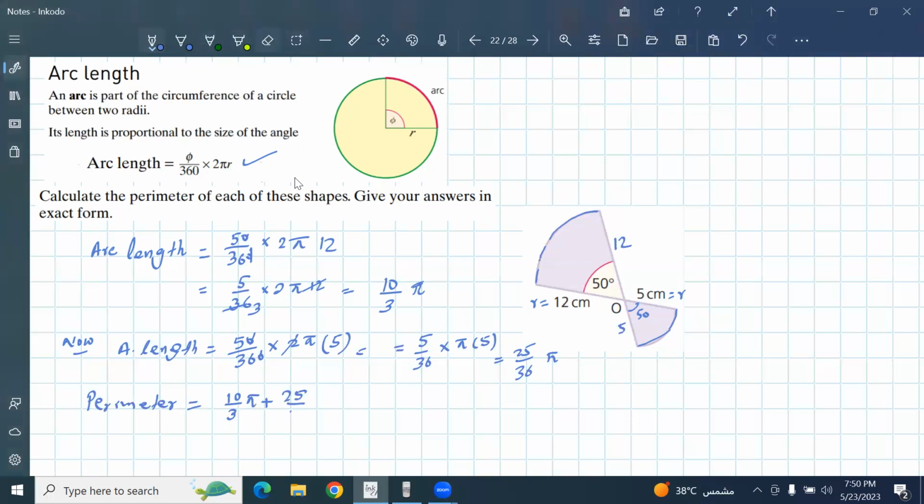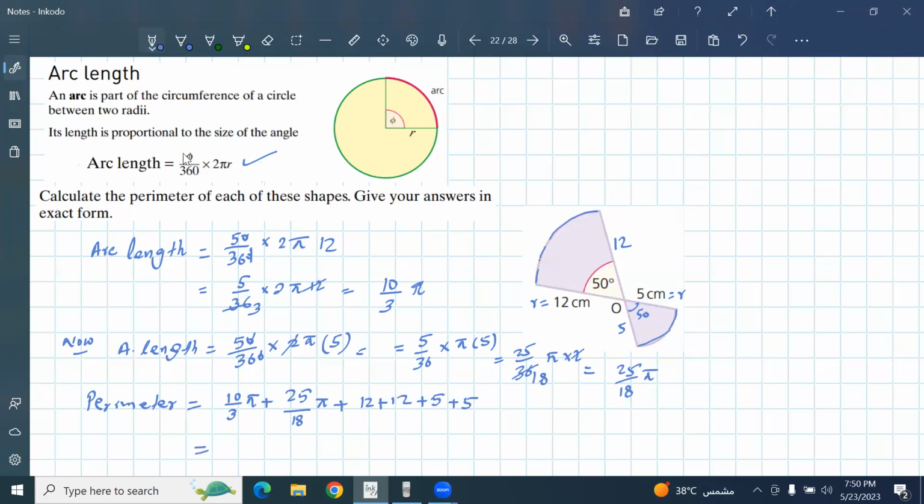I hope we can simplify more. If you check carefully here, I missed that 2 18s are, so it is 25/18 pi. So look here, 2 can cancel also. So we have 25 over 18 pi plus 12 plus 12 plus 5 plus 5.